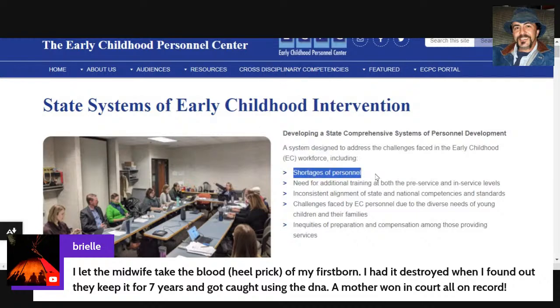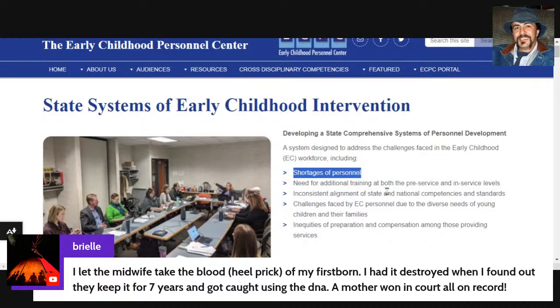including shortages of personnel. They are determining how many personnel they need now, depending upon the birth certificate or birth statistics to do so. Need for additional training at both the pre-service and in-service levels.